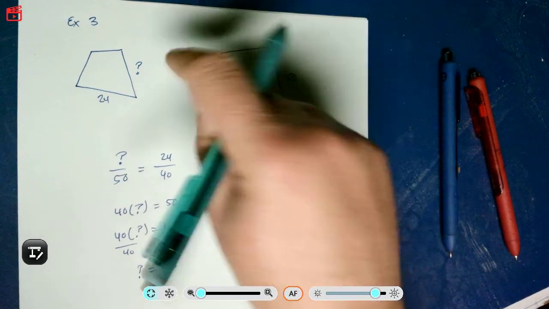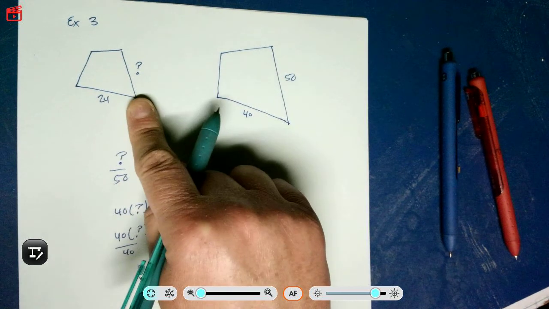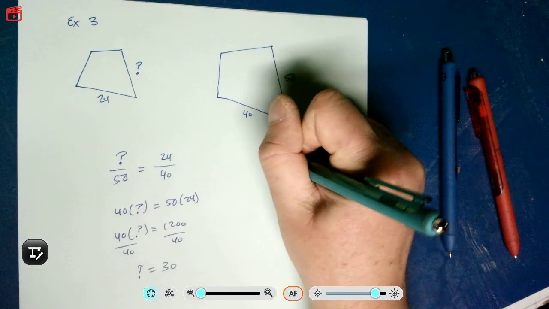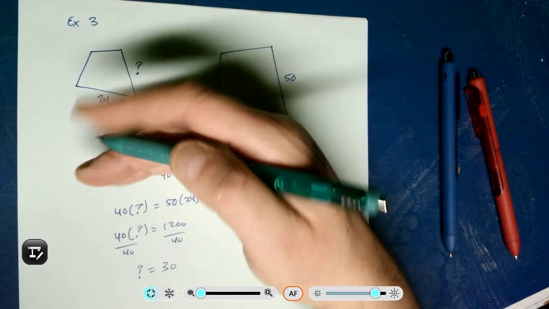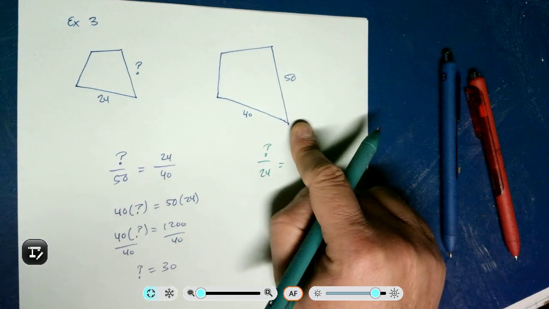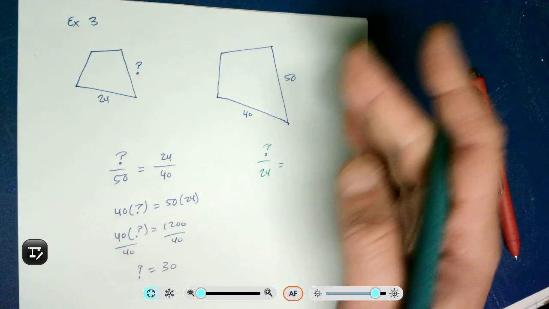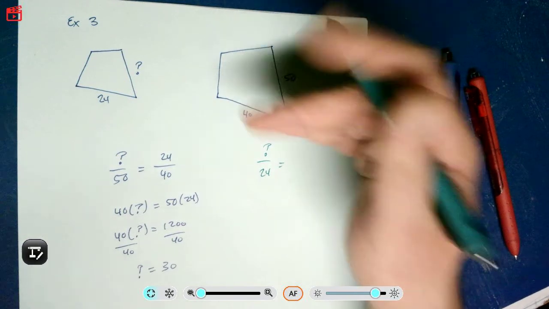The other way to do it is to use the smaller figure to set up your ratio. So I could go question mark, which is the right side, over the bottom side of 24. Then I go to the similar, larger side. I'm going to go right side over bottom side.